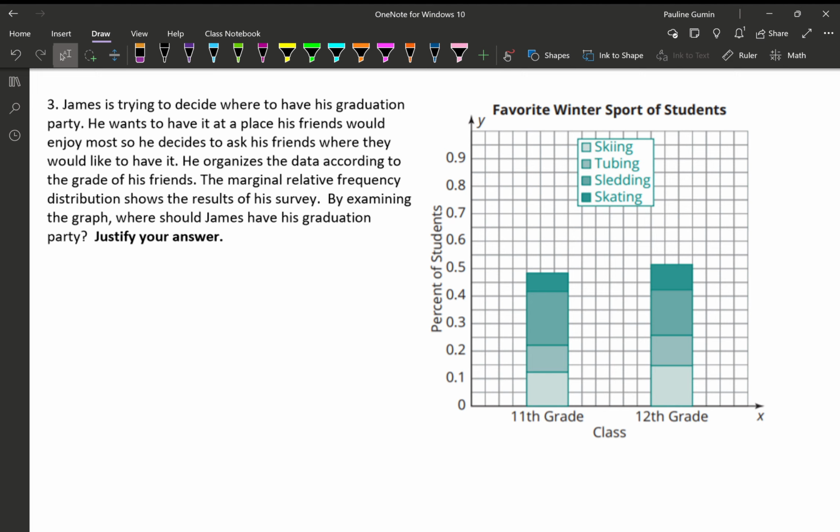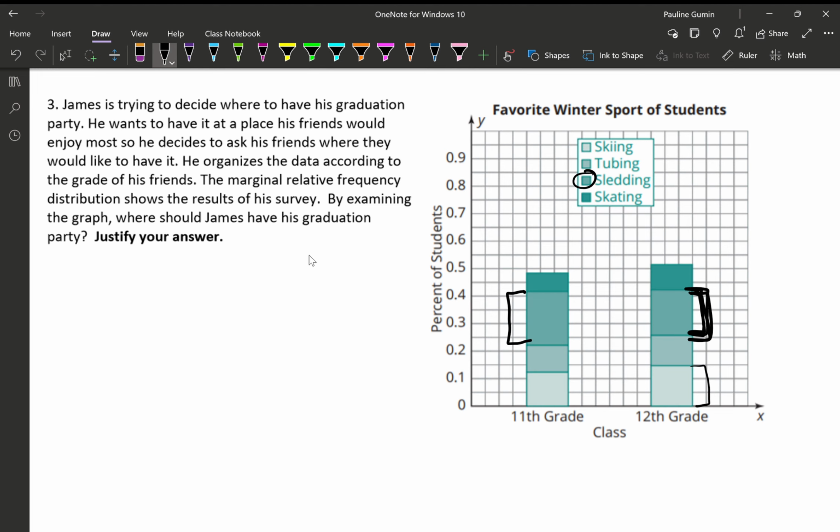So what I'm going to do is try to find where the tallest bar is for both. It looks like, just by glancing, this one is the tallest for 11th grade. That's sledding. And 12th, ooh, this looks almost, is this one taller? Yeah, this one's taller. It looks like sledding is the tallest for 12th grade too.